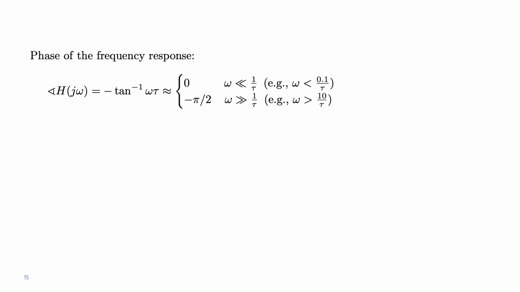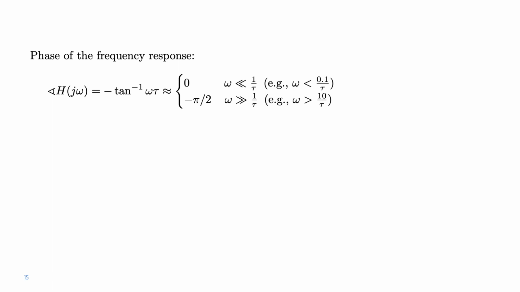On the other hand, when omega is much larger than 1 over tau, then omega tau is much larger than 1, and therefore the arctangent of that value, which approaches infinity, is half pi. And because of the minus sign, we get minus half pi. There are different ways of seeing this, but the message here is that by using these simple asymptotic approximations, we can quite easily sketch, in this case, the phase of the frequency response.